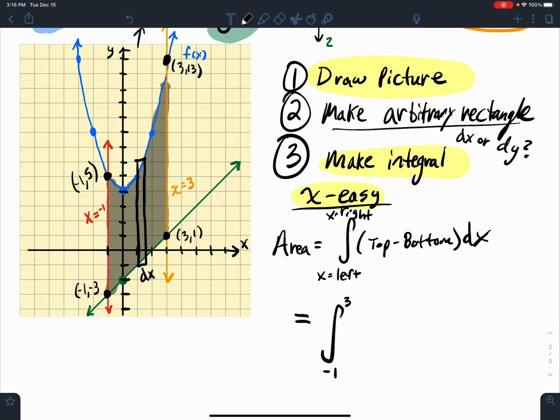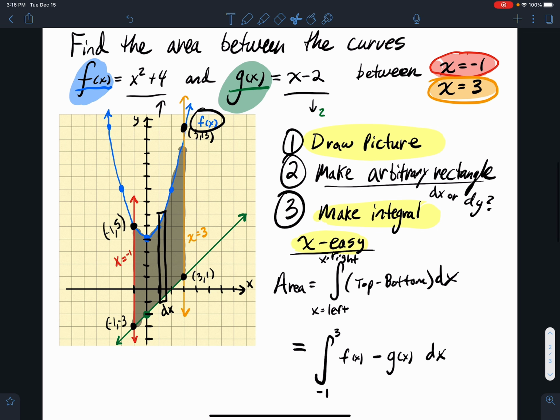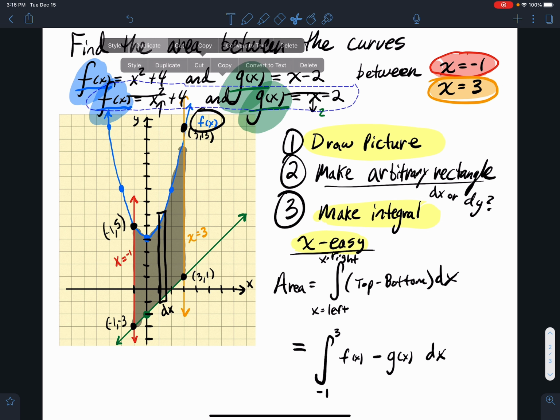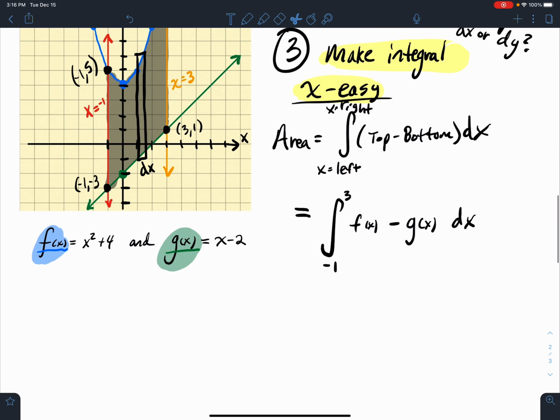Top minus bottom. The top function is f of x minus the bottom function g of x, dx. Now what is f of x and what is g of x? We'll bring this down here so that we see it.